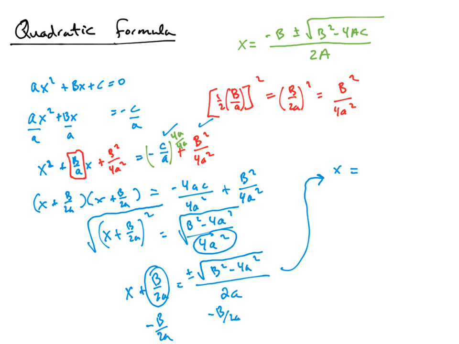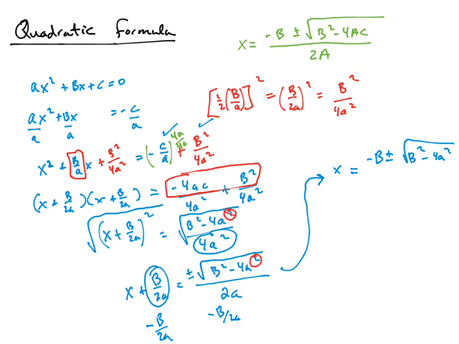So because the denominators are the same, we end up with negative b plus or minus square root b squared minus 4a. Let's see, I'm missing something here. I made a mistake right here. When we add these two numerators together, we get b squared minus 4ac.